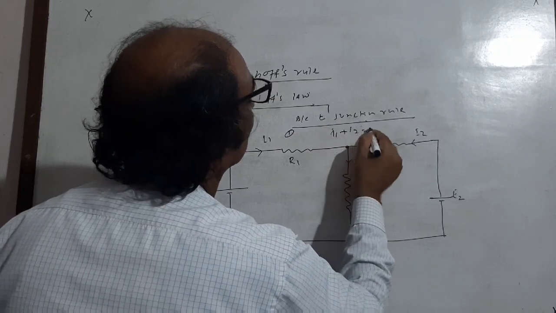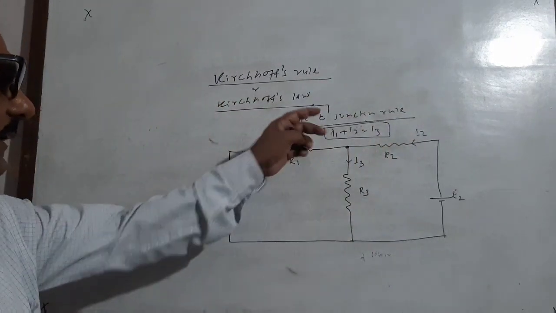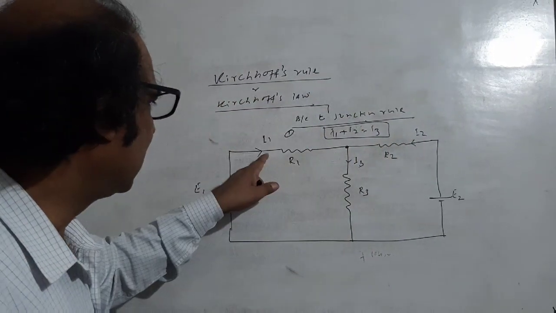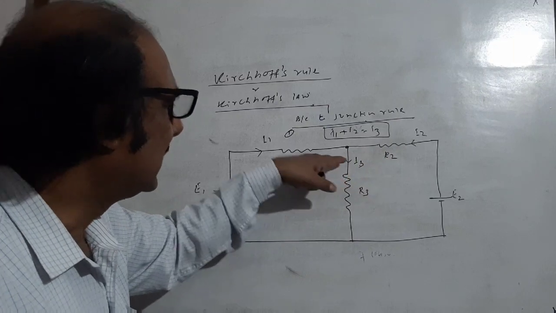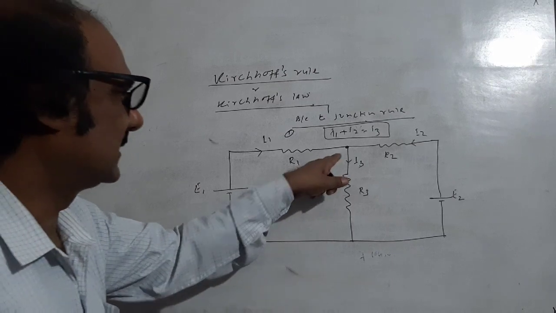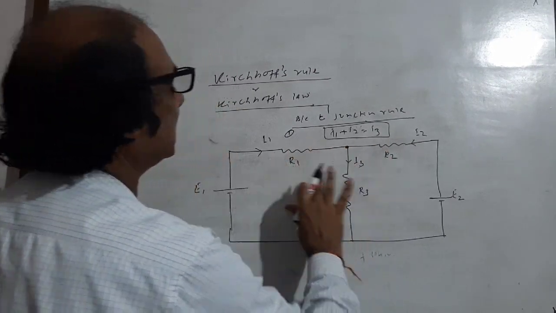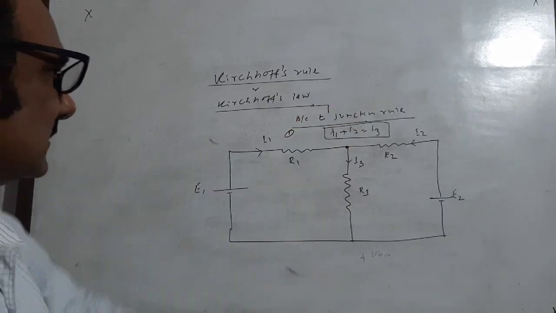I1 plus I2 equal to I3. So this is the junction rule, the current rule, because at that point the currents I1 and I2 are directed toward this point and the current I3 is away from this point. So the sum of incoming current, I1 plus I2, is equal to I3. This is the first law, the junction rule.